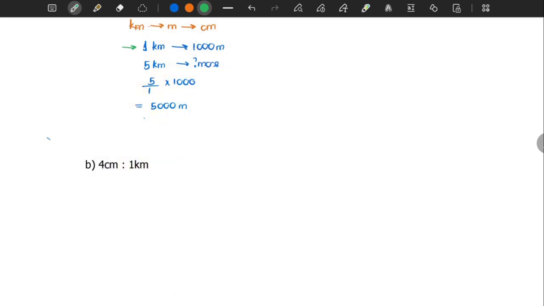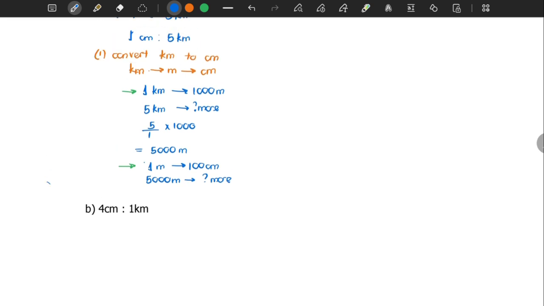Now we're going for the second part, converting to centimeters. We know that 1 meter represents 100 centimeters. What about 5,000 meters? That's going to be more, right?